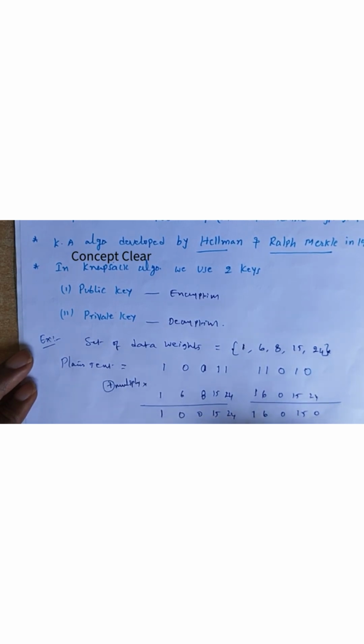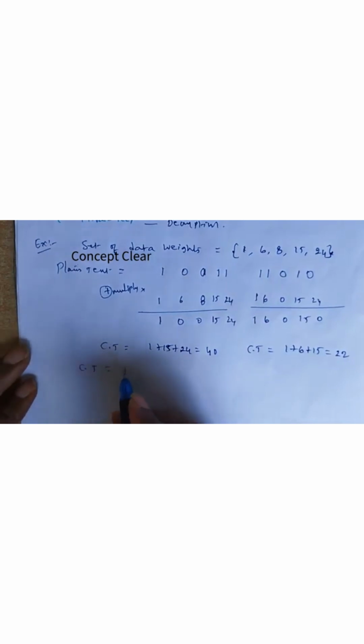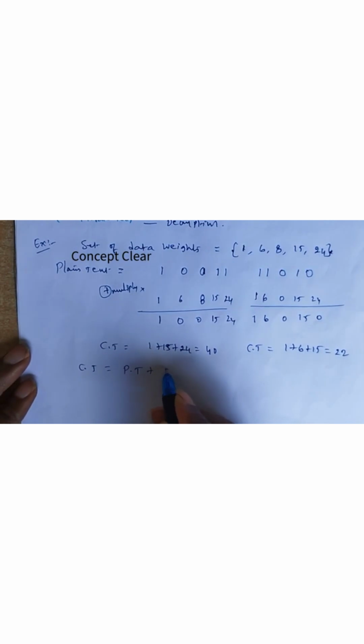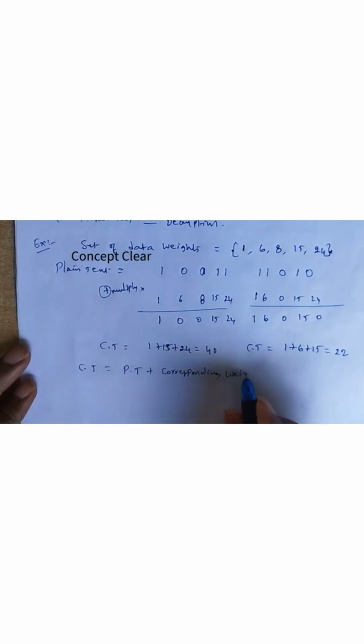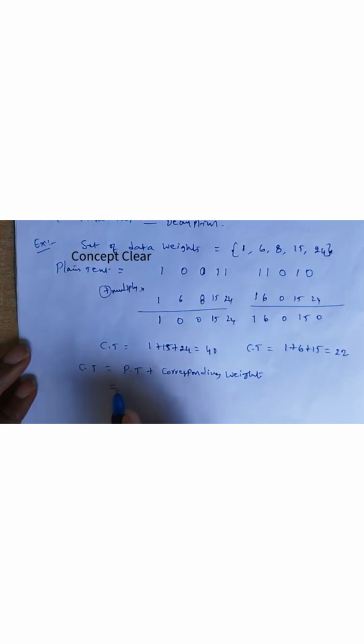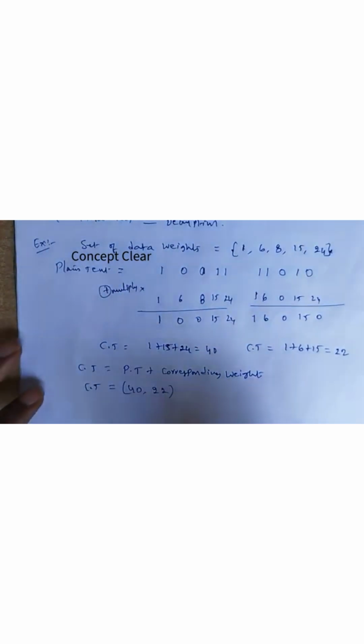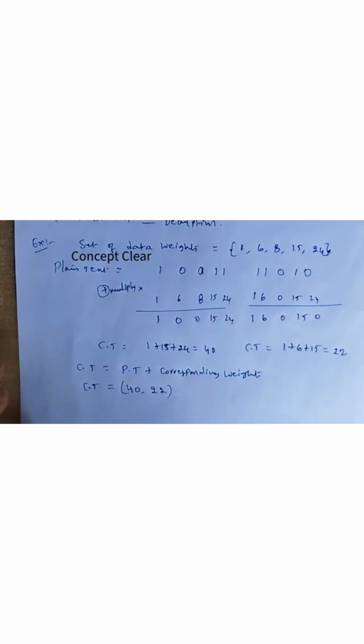And for the second, the ciphertext is 1 plus 6 plus 15, which is 22. So the ciphertext is the sum of the plain text bits multiplied with the corresponding weights. 40 comma 22 is the ciphertext. In the same way, this concept is implemented in the knapsack problem in cryptography.